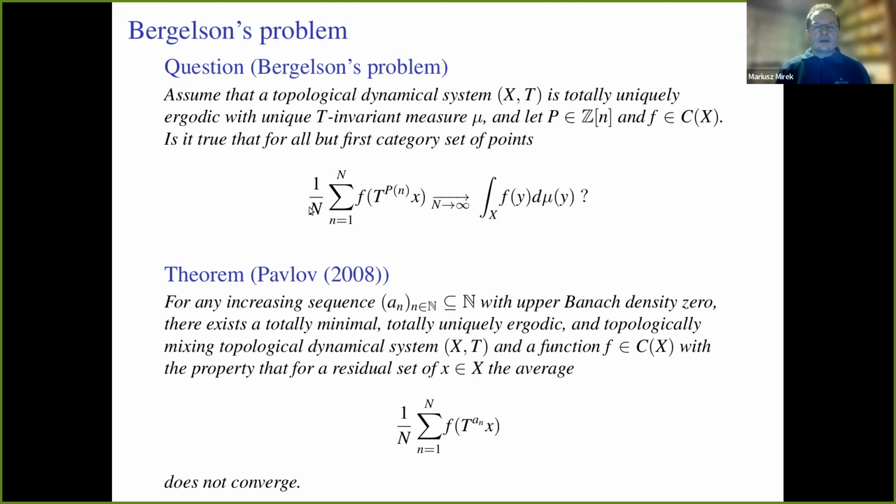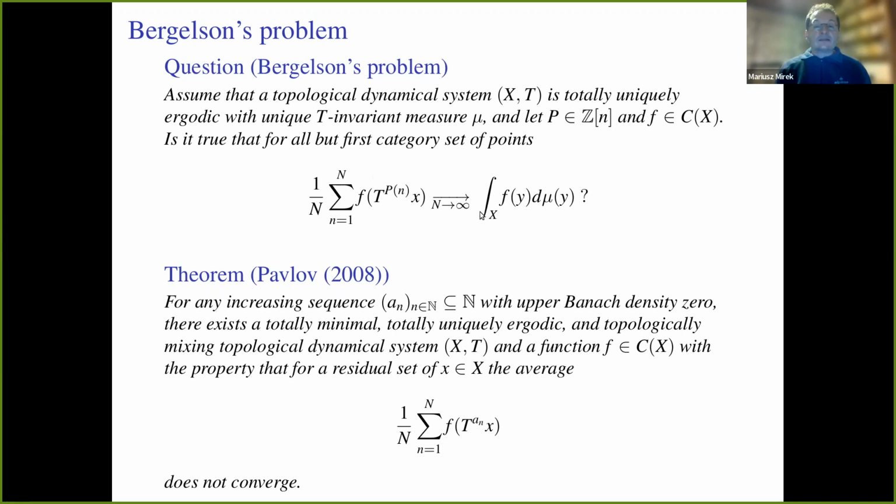In other words, here we consider Bourgain's averaging operator along polynomials. Our function is continuous, and we ask this time about everywhere convergence except for a set of first category in X.